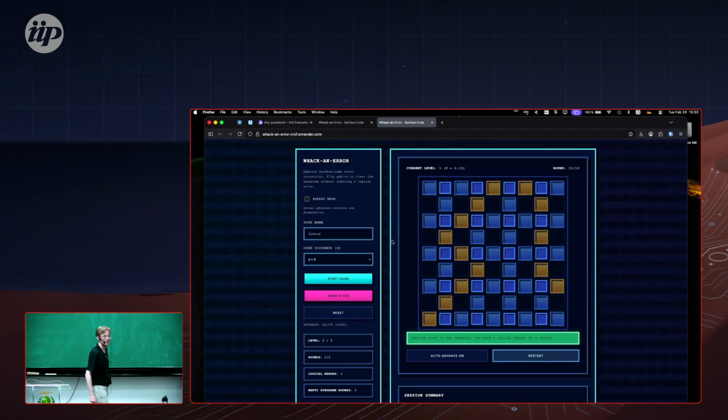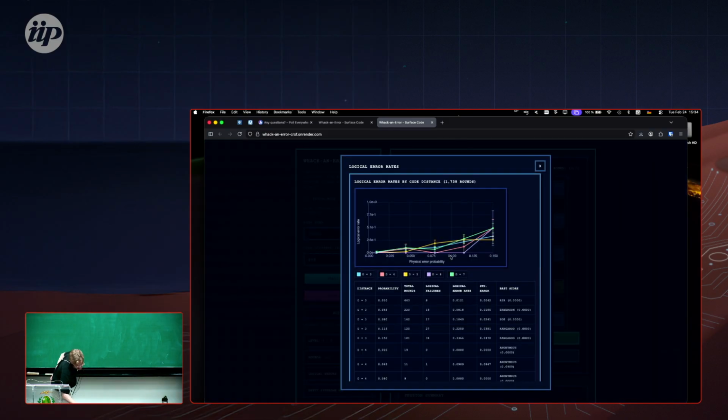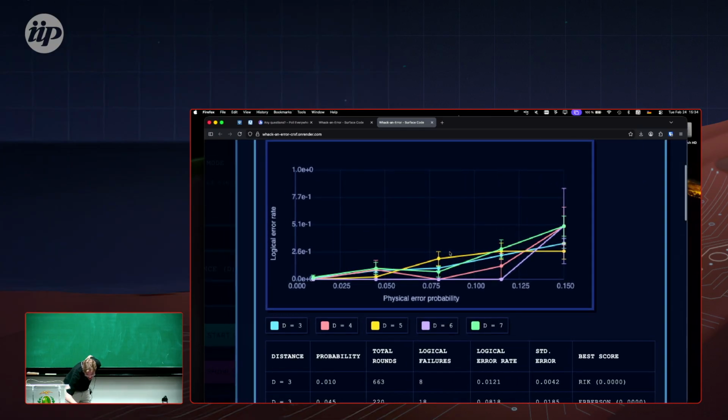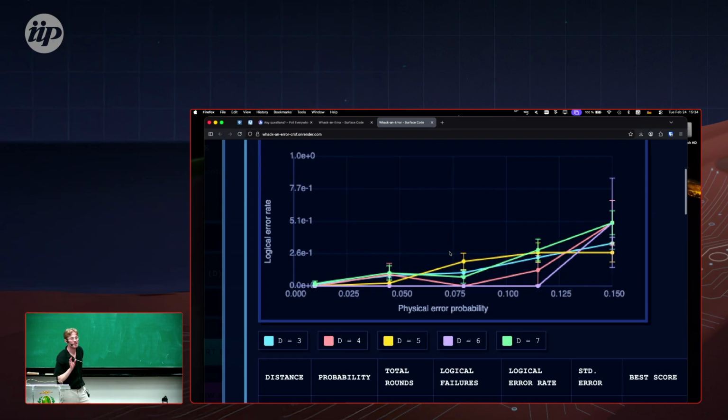Okay, you can continue to play all day, all night if you want, but not for the next 25 minutes. For now, if we look at the stats, I think we can already see, I will clean it up a little bit and show you a nice curve maybe on Thursday, that distance 3 is kind of the worst within error bars.